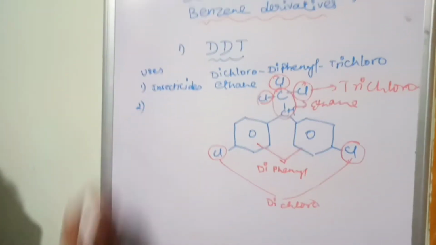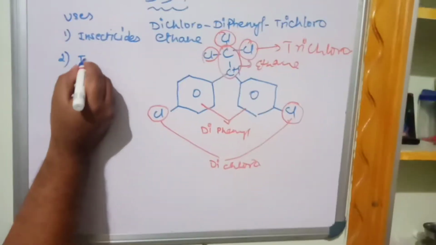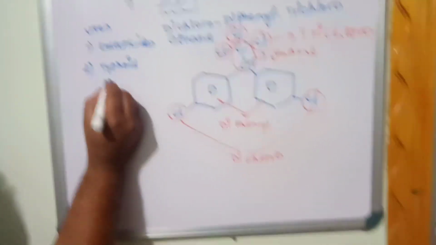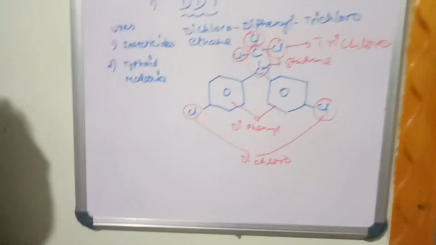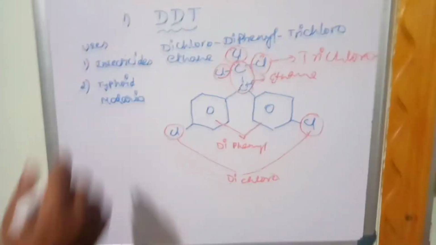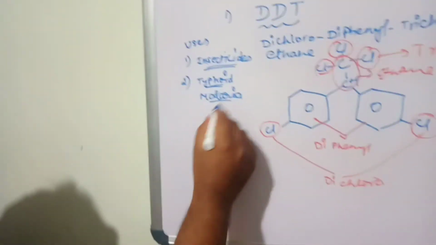Also, in World War II, it was used in the treatment of typhoid and malaria. Malaria is caused by female Anopheles mosquitoes. So the main uses are insecticide, typhoid, and malaria.